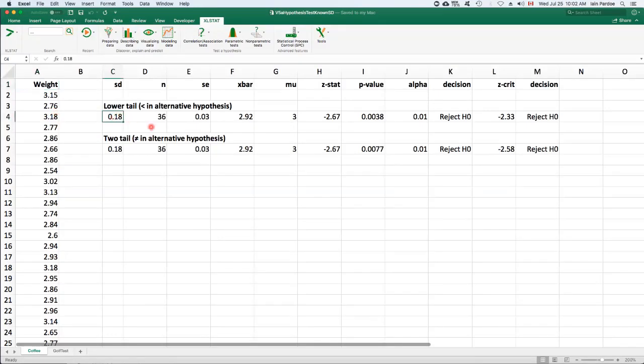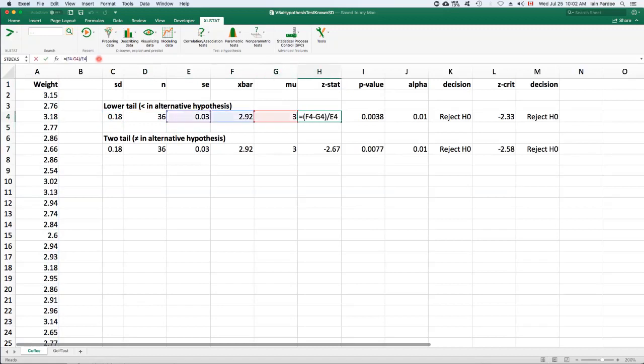Our assumed population standard deviation is 0.18, sample size is 36, and so our standard error, as usual, is the standard deviation divided by the square root of n. Our sample mean from the data comes to 2.92, and then here's our hypothesized mean.